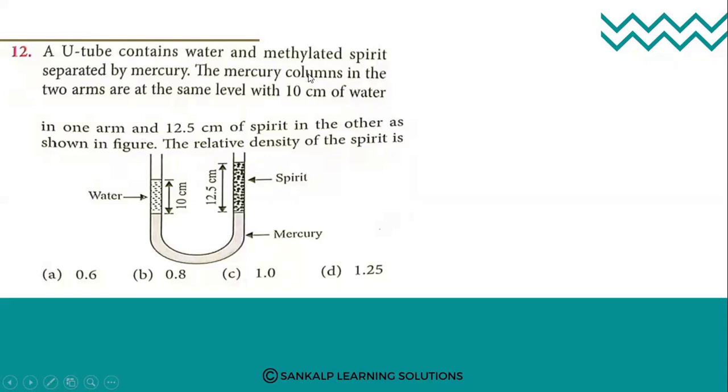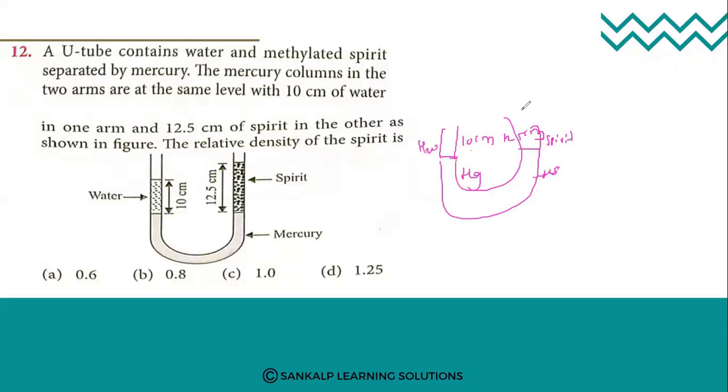So our water surface in the mercury surface in the water is at a height of 10 centimeter. So this is water, and on the other side we have the spirit, and from the mercury this is at a height of 12.5 centimeter.